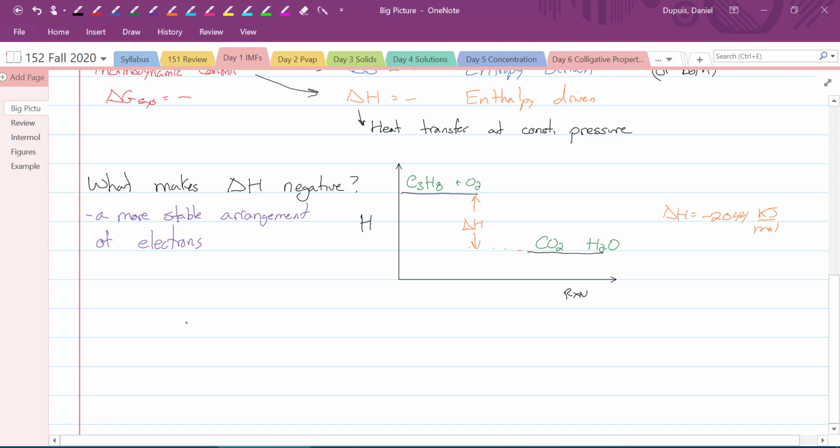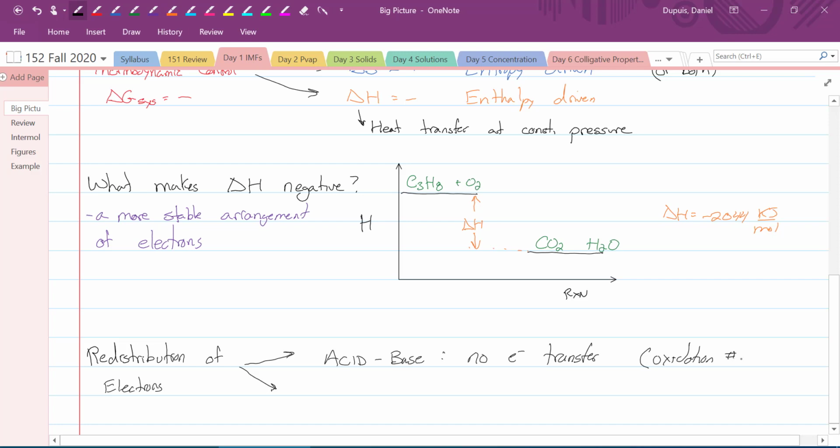All right, so if we talk about the redistribution of electrons, there's two ways to do this. There's acid-base reactions, where there is no electron transfer because our oxidation numbers do not change.